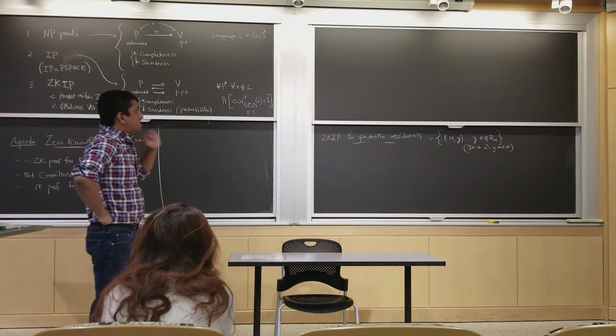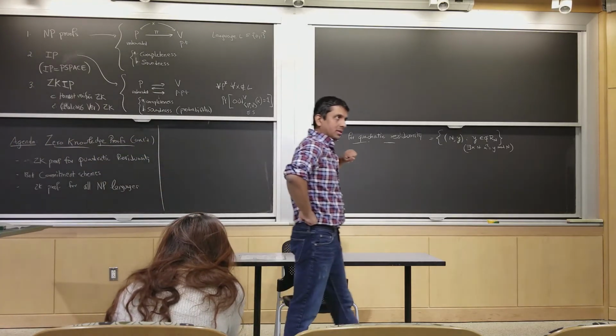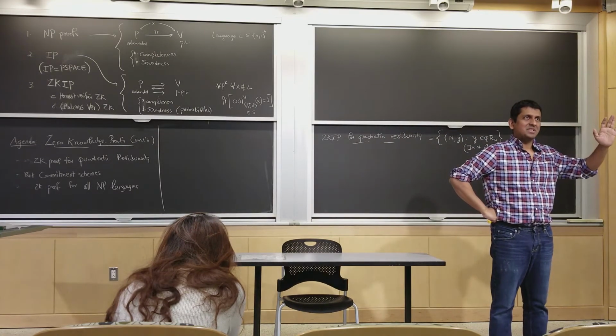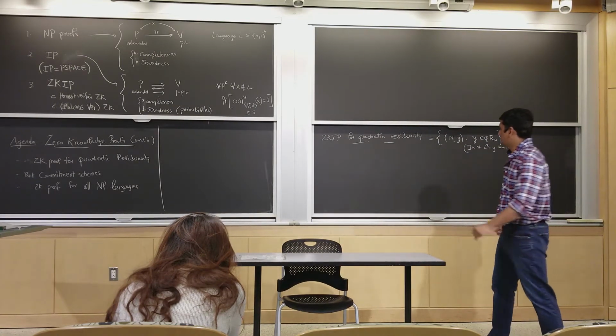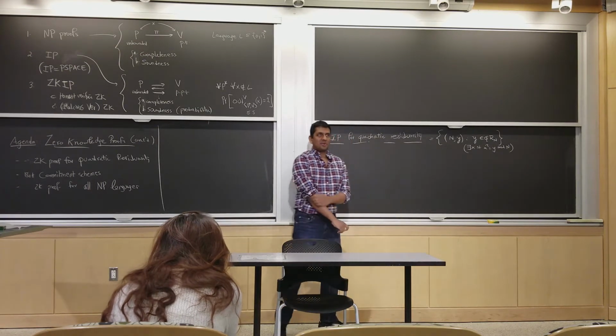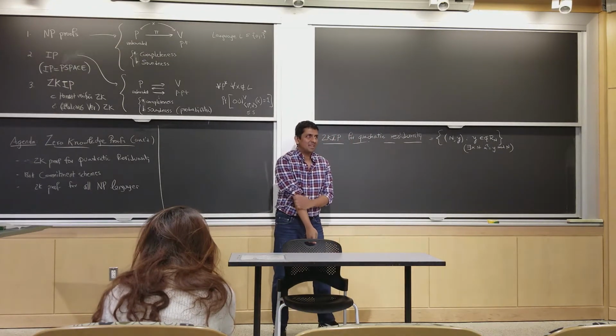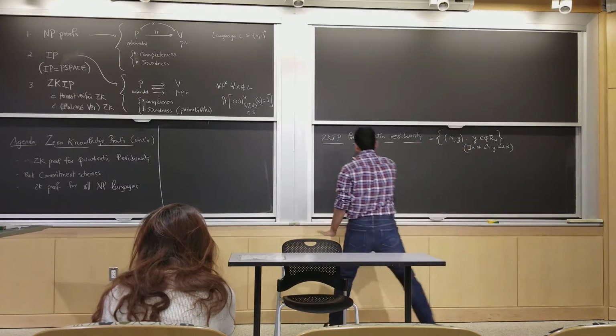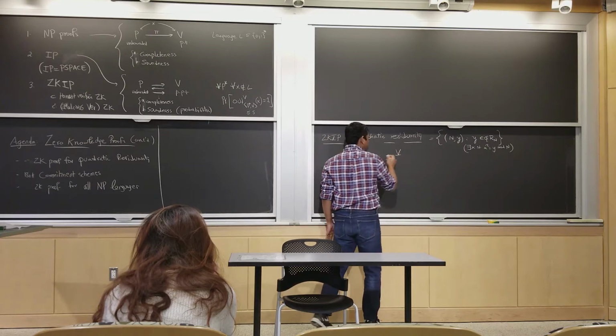Okay, so let's recall the protocol. Let's recall the definition of zero knowledge. So what is a protocol? Maybe some of you can refresh my memory. This is a statement. There's always a prover and verifier. You've got to write that down.